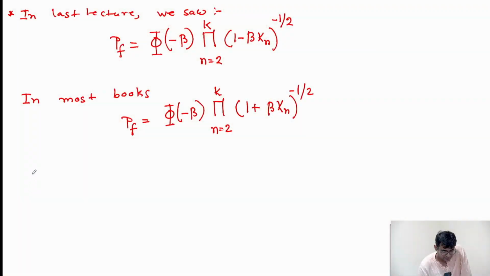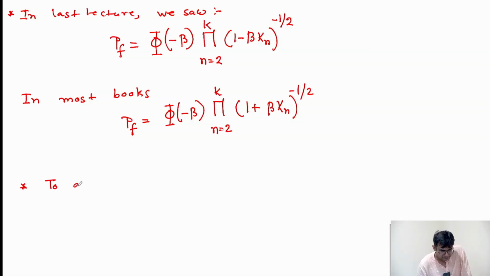So this is what we discussed last time, right? What we did not complete last time, and that is something we will complete today, is how we arrived at this formula. So we were discussing that.